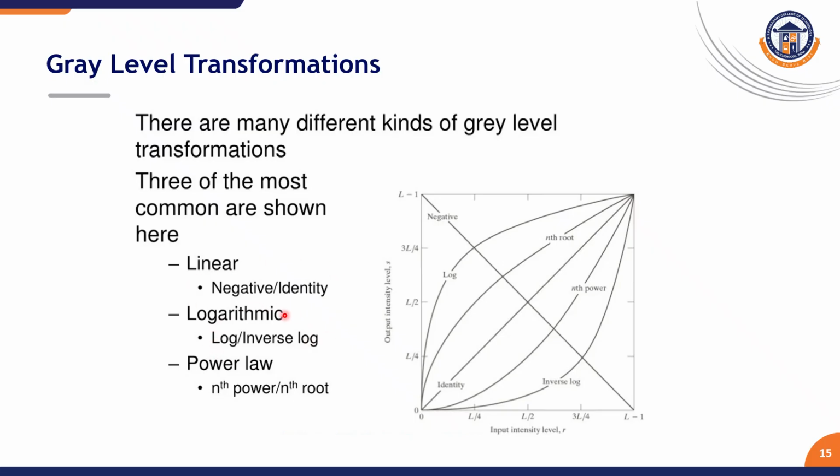In logarithmic, the log and inverse log can be done, and in the power law, the nth power and the nth root can be transformed. So these are the different gray level transformations available.